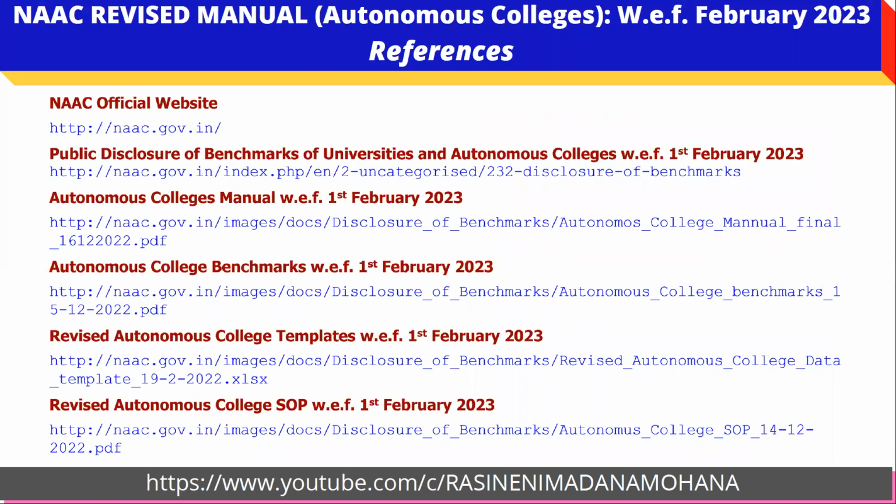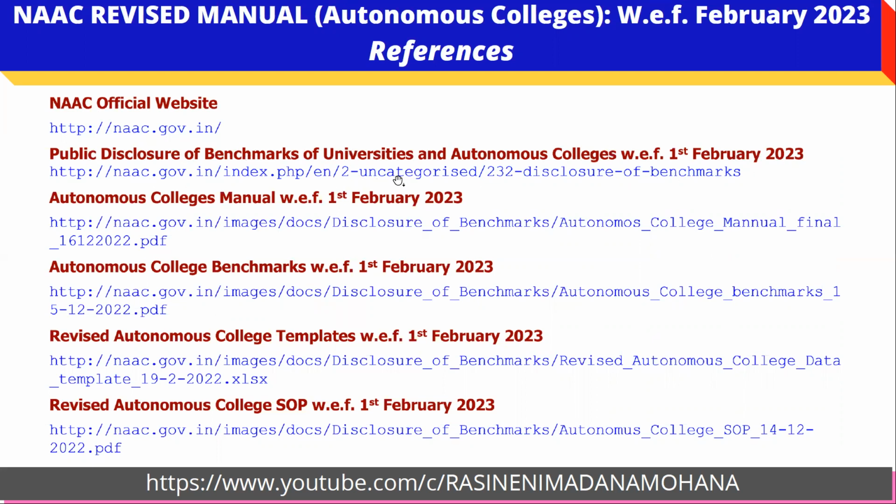Okay, that's all about the overview of all the 7 criteria as per the revised manual for autonomous colleges, which will commence from 1st February 2023. For autonomous colleges, the following references you can use from the official website of NAAC, naac.gov.in. Public disclosure of benchmarks of universities and autonomous colleges, which will be commenced from 1st February 2023.